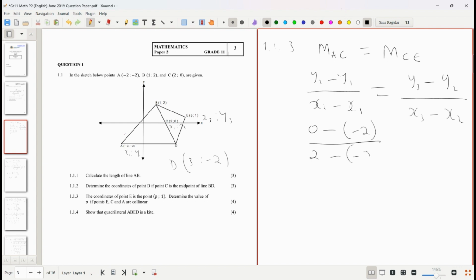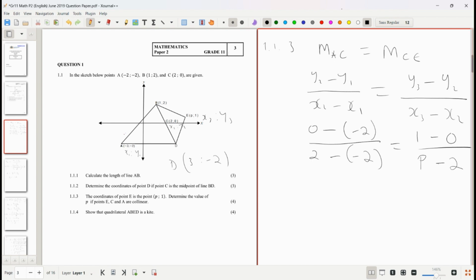So negative 2, right? This will equal to, what is our y3? Our y3 here is 1. Our y2 here is 0. What is our x3? X3 is p. You can see here from E. So it's p. And then x2, what is our x2? X2 is 2, right? X2 is 2.